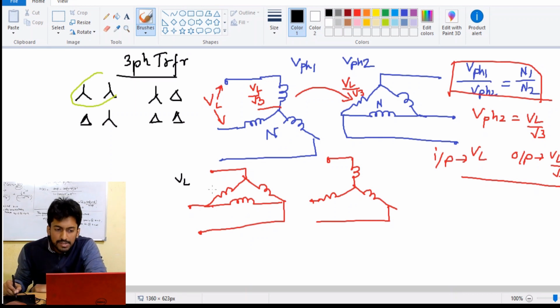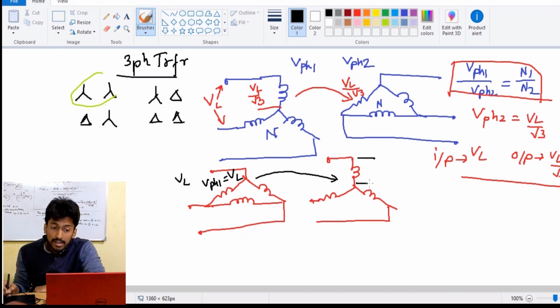In case of delta, we know that line voltage and phase voltage are the same. So this phase voltage, V phase 1, is equal to VL in this case. This phase voltage will be transferred to the secondary phase. Means V phase 2 will be equal to V phase 1, as the number of turns are the same here. So then it will be VL also.